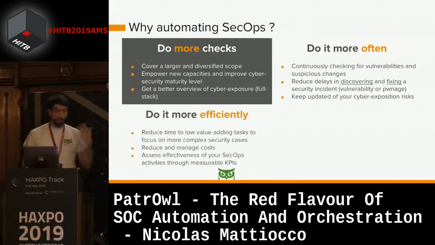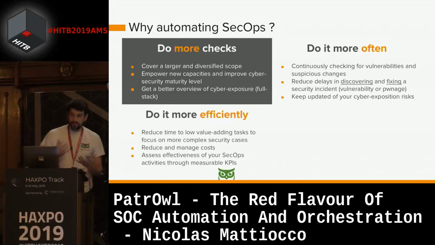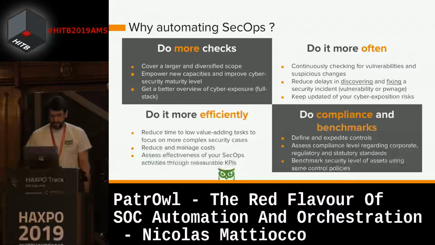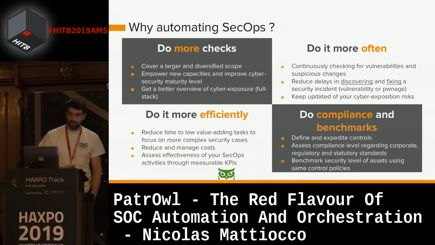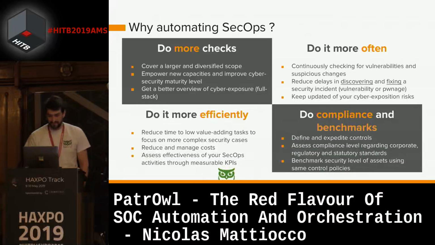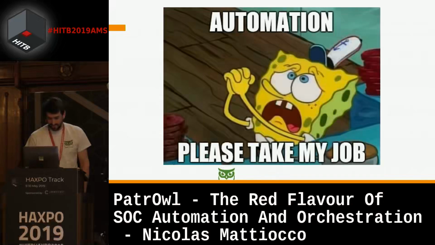To do it more efficiently, to reduce the time on low value-adding tasks, to focus on more complex security cases, and to reduce and manage cost every day. And to help us do compliance and benchmarks. I'm in a financial institution, and we are driven by compliance, so it's very, very important in our case.